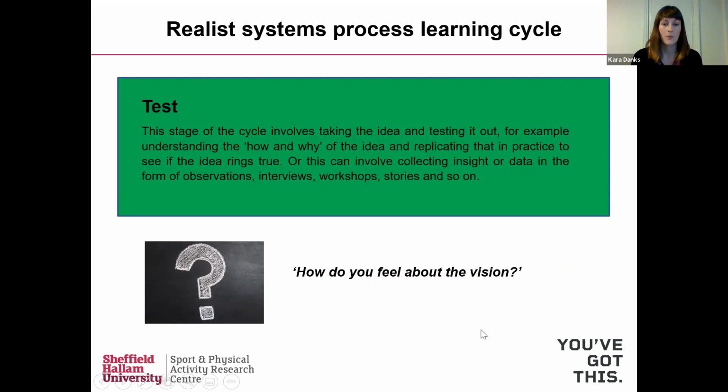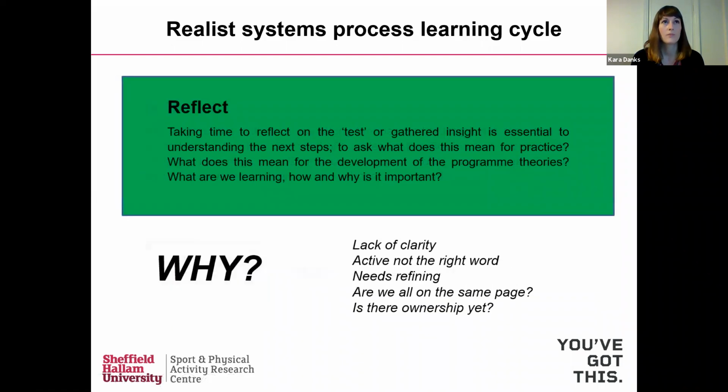So what the team did was, at one of the exchange meetings, they asked the exchange partners, ambassadors, how do you feel about the vision? The answer they got from the exchange wasn't necessarily what they expected. It didn't support their ideas around everyone being bought into the vision, and that's the reason why they turned up.